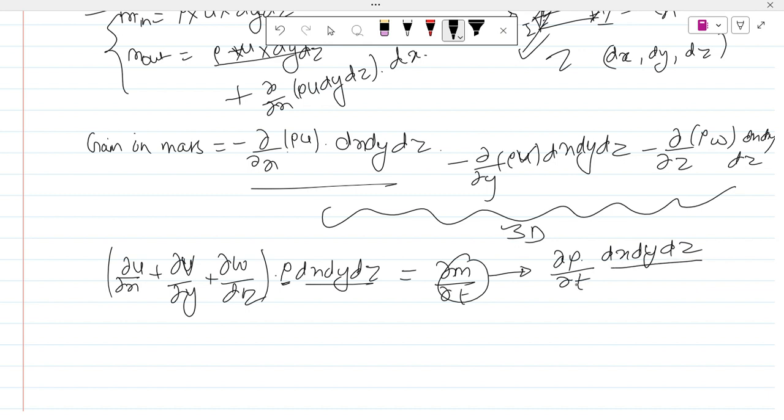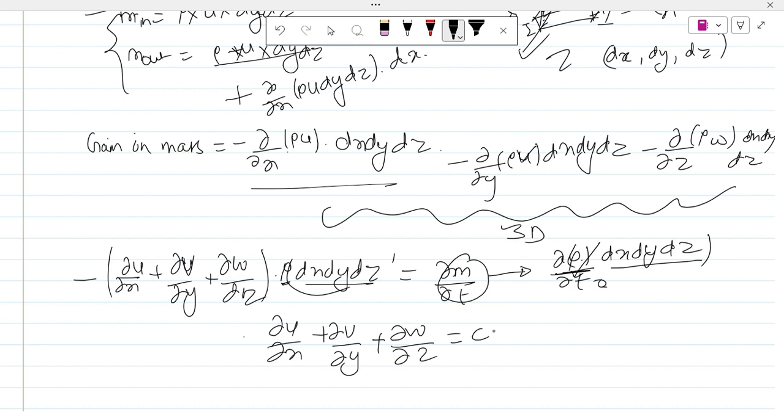Since dx dy dz do not depend on time t, only density could depend on time, and since it is an incompressible flow, this becomes zero. So everything cancels away, and du by dx plus dv by dy plus dw by dz equals 0 is the continuity equation in differential form.